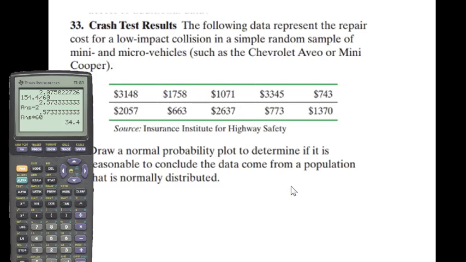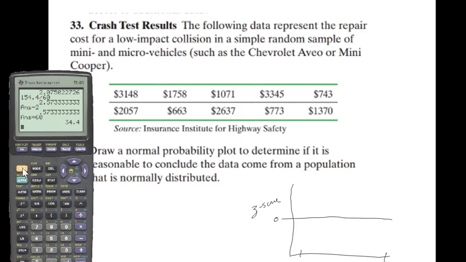You have your scores down here, your x values, going from 663 all the way up to 3345. And then over here you're going to find the mean and standard deviation, and this is 0, and these are z-scores. So what you're going to get is a plot of the z-score compared to the data.